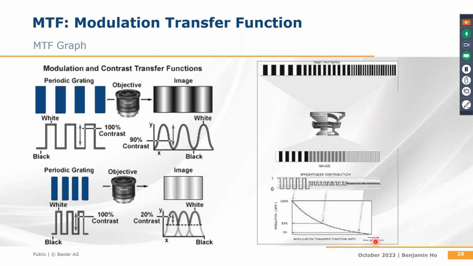Using the same method, 100 LP per mm corresponds to a stripe spacing of 0.005 mm, which is 5 micrometers. Therefore, as the x-axis value increases, the stripe spacing becomes denser. The y-axis represents the contrast, and all lenses have a graph shape where contrast decreases as the stripe spacing becomes denser. However, lenses with high resolution exhibit a smaller decrease in contrast.